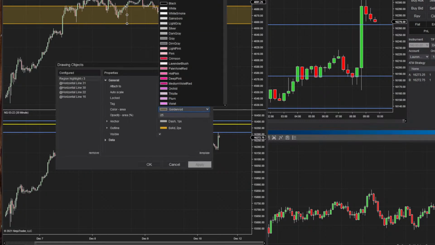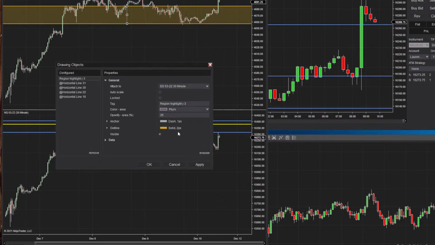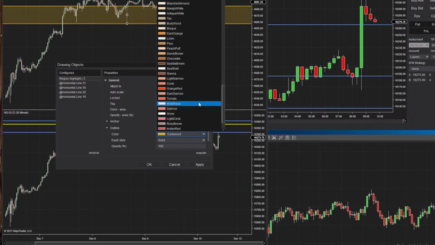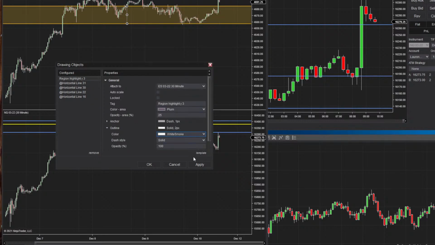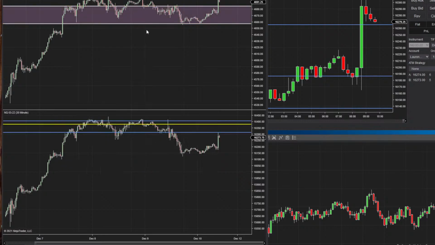All right, so the color I did like plum, and then the outline. This is something I really love about NinjaTrader, and obviously it has really nothing to do with trading, but you can make things however you want them to look. Like, I don't know, I kind of like that. There's a lot of fun things you can do with it.